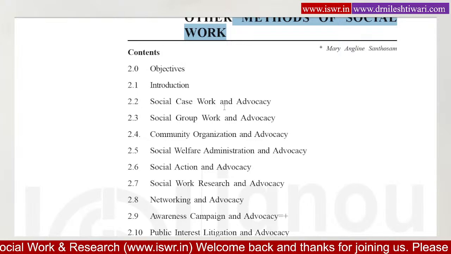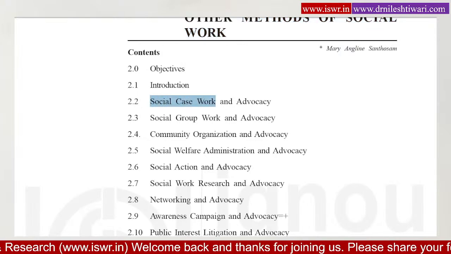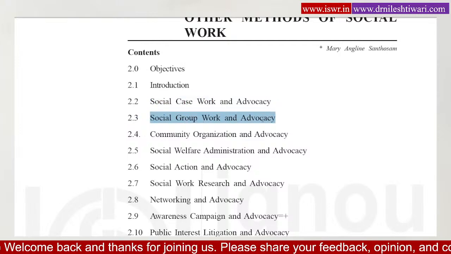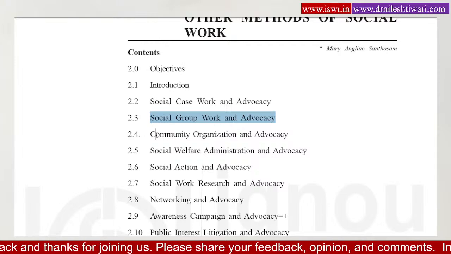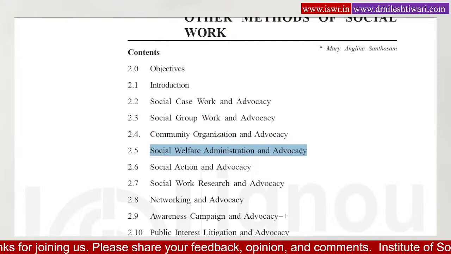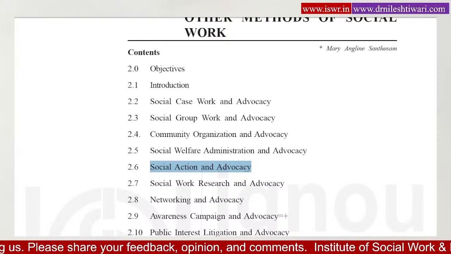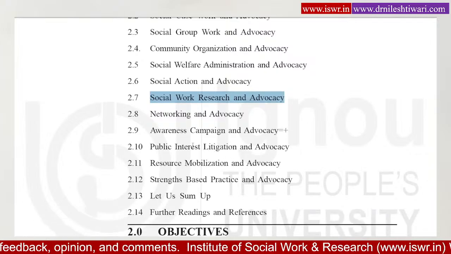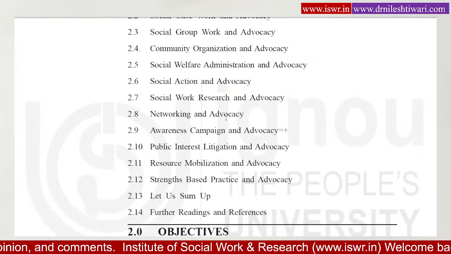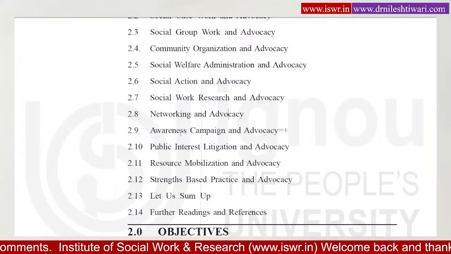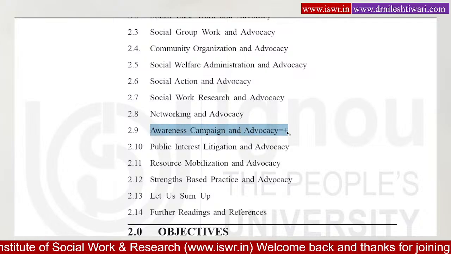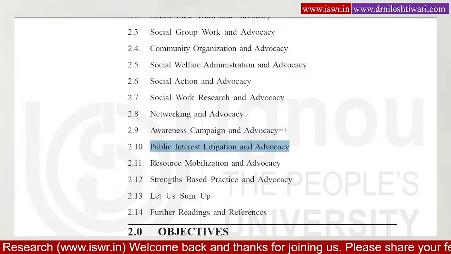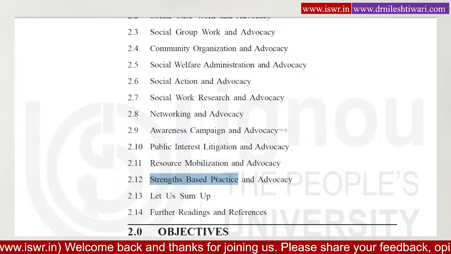For example, social casework and advocacy, how they are related, group work and advocacy, community organization, social welfare administration, social action and advocacy, social work research and advocacy, how networking and advocacy are interrelated, then awareness campaigns and advocacy, PIL and advocacy, resource mobilization and advocacy, strength-based practice and advocacy.